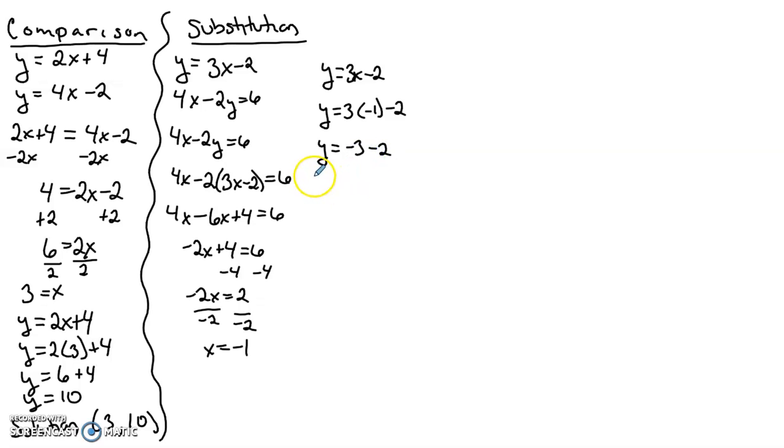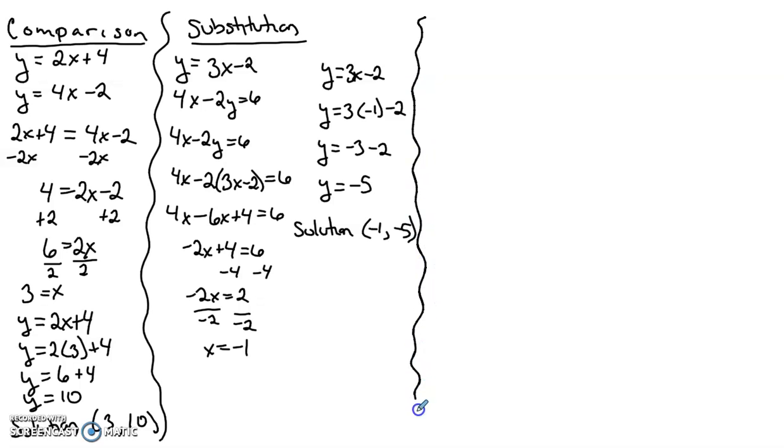We still have our minus 2. We can combine our numbers. y equals negative 3 minus 2 is negative 5. So our solution is x is negative 1, y is negative 5. So that's how you use substitution.